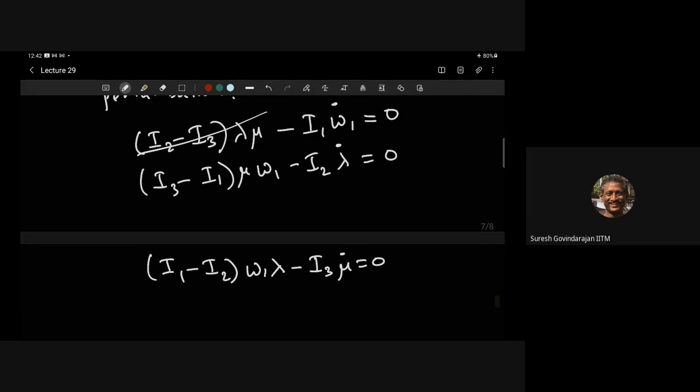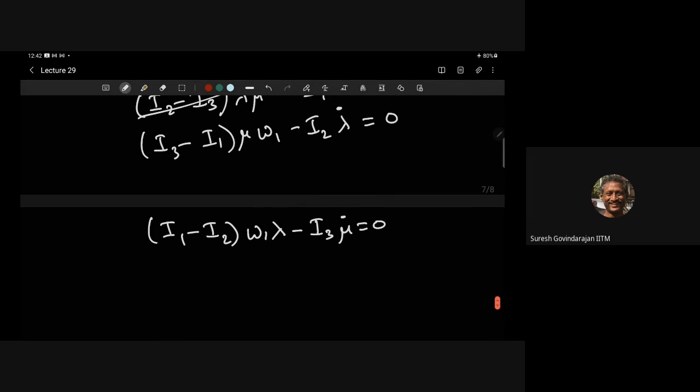And now what we want to ask is, does this perturbation lambda grow? So we get two equations, a coupled equation between lambda and mu.